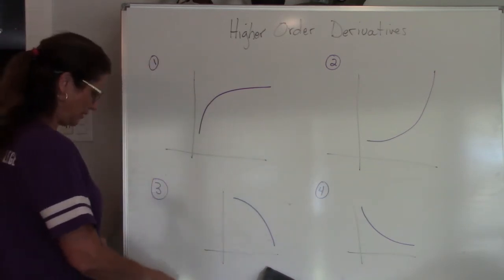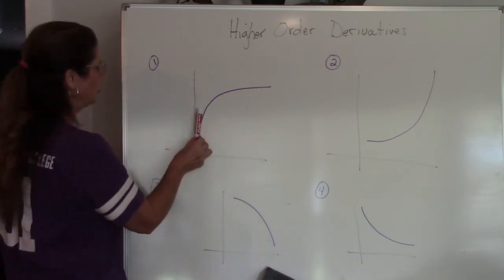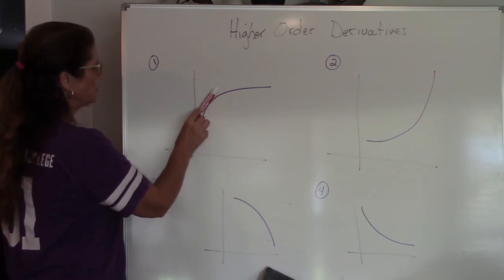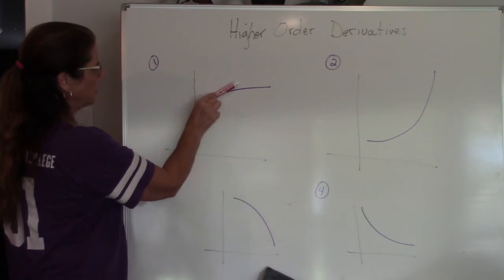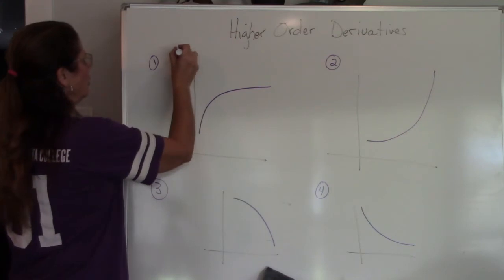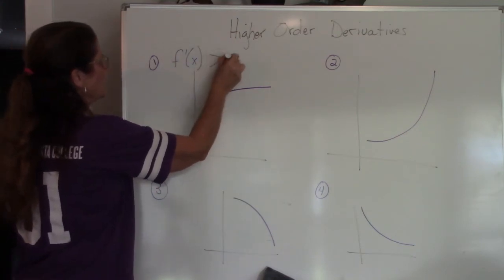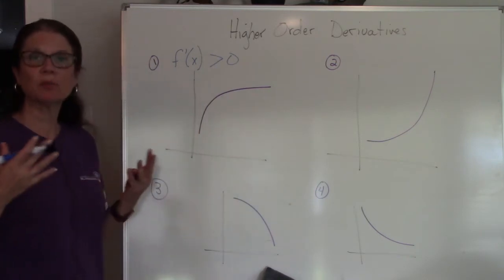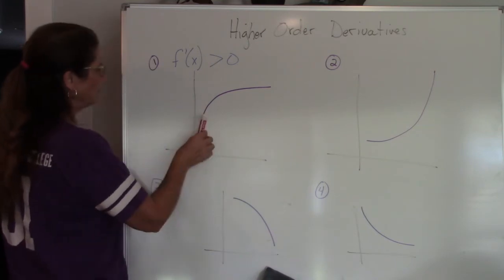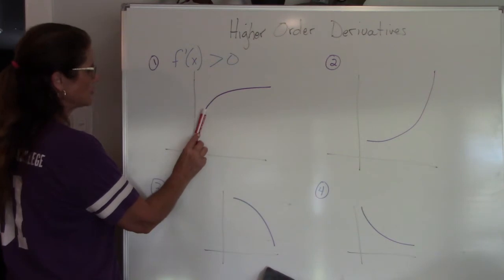So when we look at this, if I look at the slope, just the first derivative, you can see that my slope, based on this pen, is increasing the whole time. So we have our first derivative is increasing. That means it's greater than 0. It's a positive slope. When my first derivative is increasing very quickly, you can see the steepness of the slope.